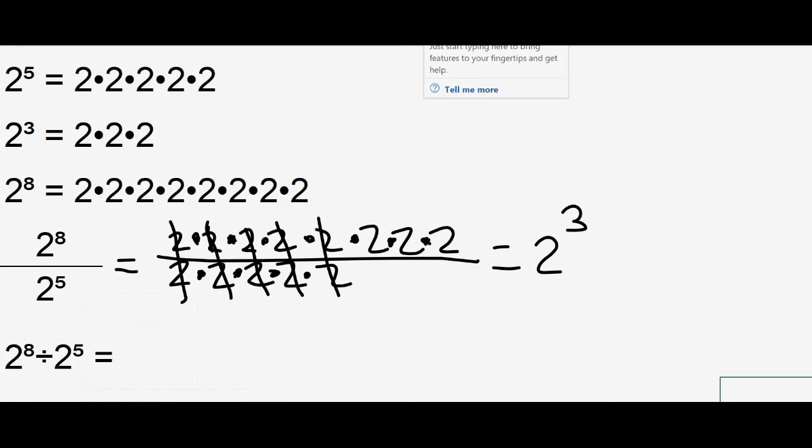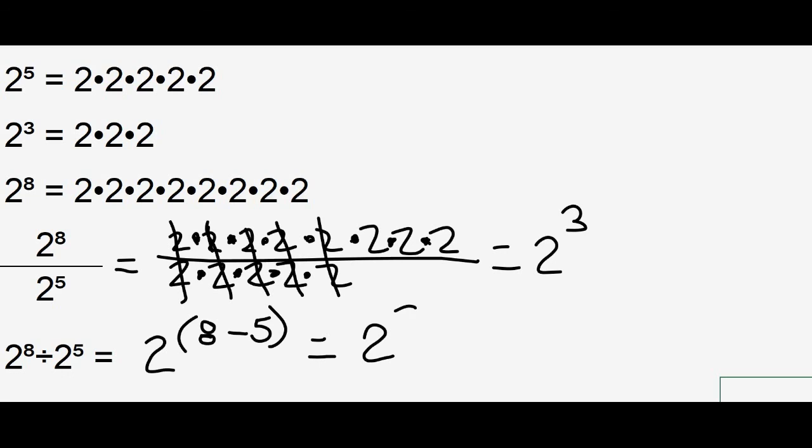So I can summarize that by saying 2 to the 8th power, I wrote 8 2's, and then I ended up taking away 5 of those 2's. So I was left with 2 to the 3rd power. When we divide exponential expressions with the same base, we can subtract the exponents.